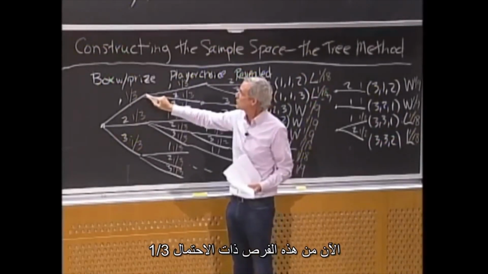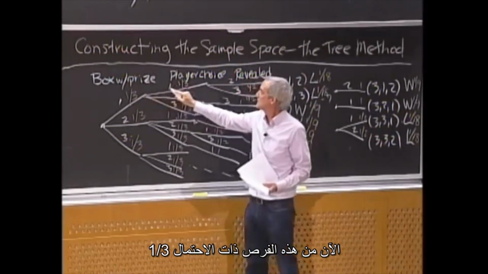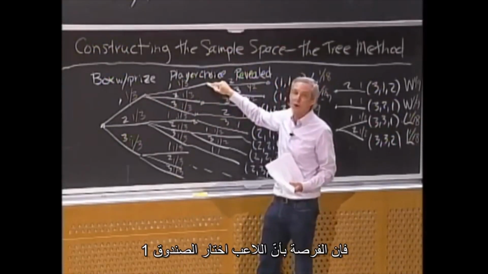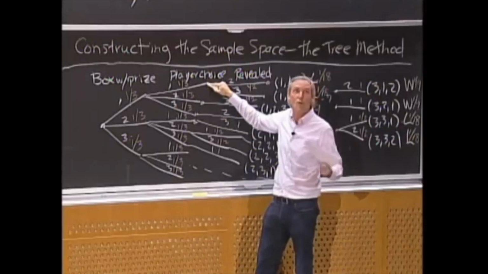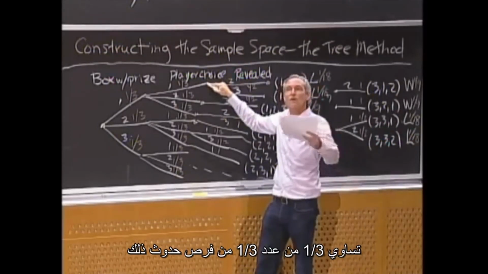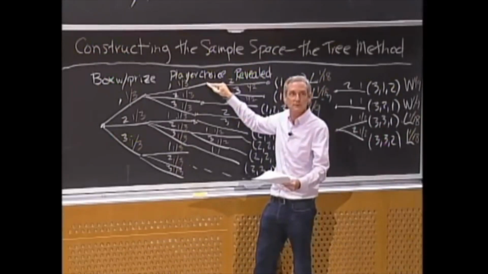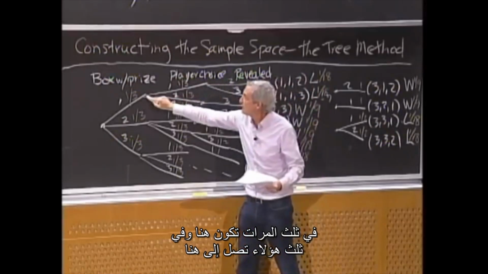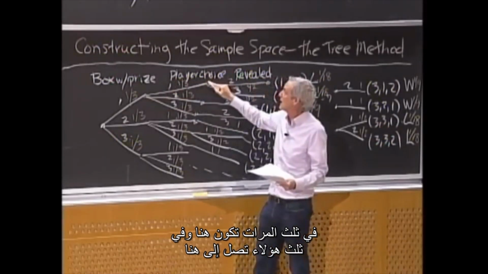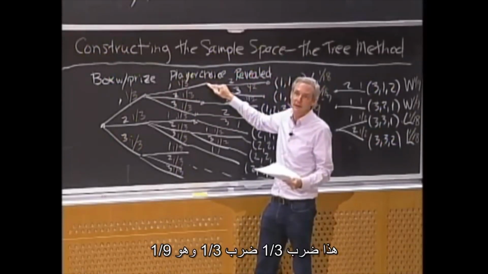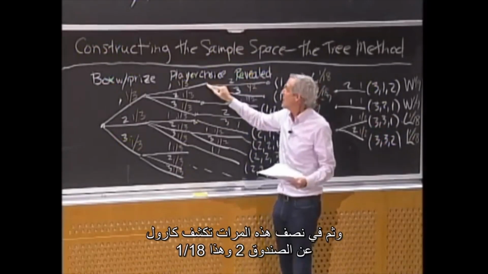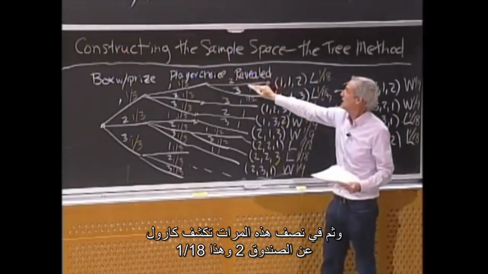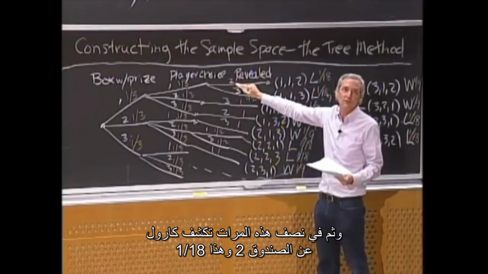Now, in those 1 out of 3 chances, the player also picked box 1 1/3 of the time. So 1/3 of the time you're here, and of that, 1/3 of those times you get to here. That's 1/3 times 1/3, or 1/9. And then 1/2 of those times, Carol happened to reveal box 2. That's an 18th.